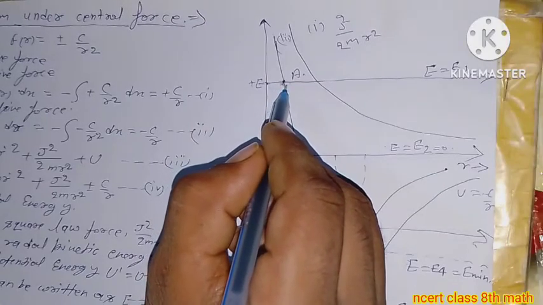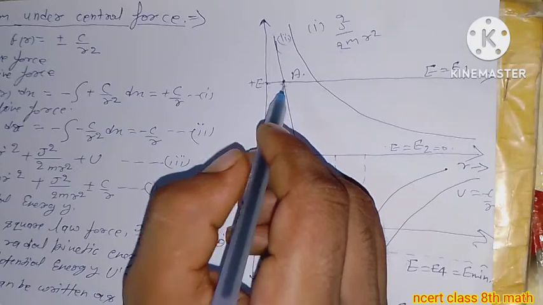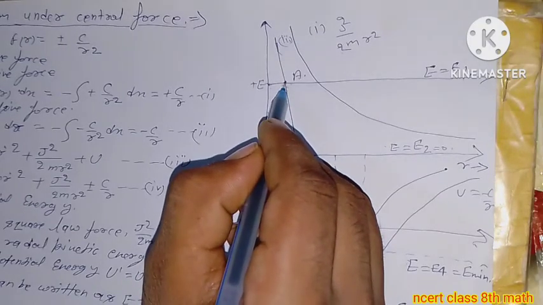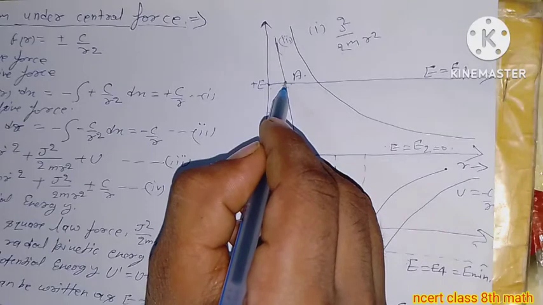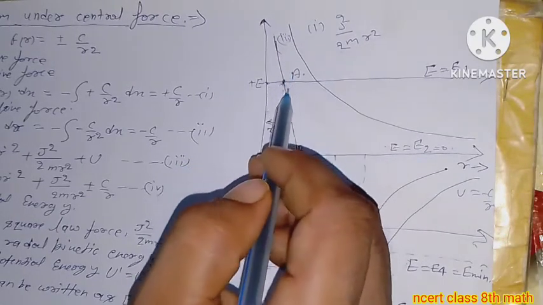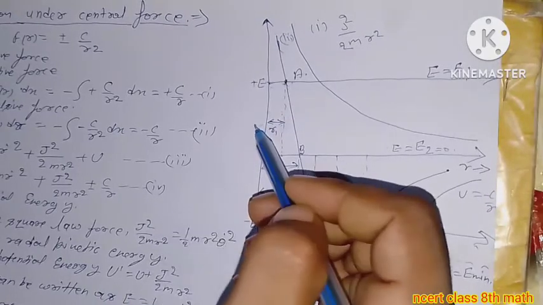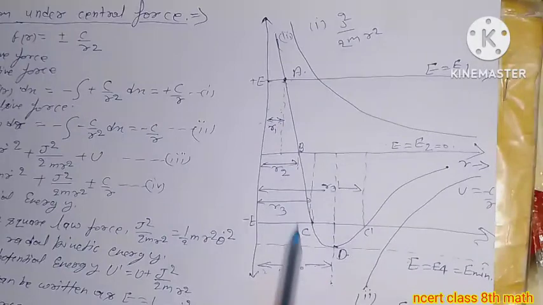The point A at which the radial kinetic energy vanishes is called the turning point. And such a motion will be unbounded. The particle will come from infinity and go up to R1 and return back to infinity. The path is hyperbolic.